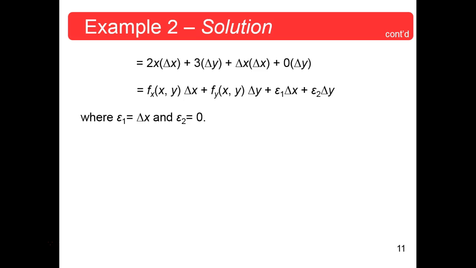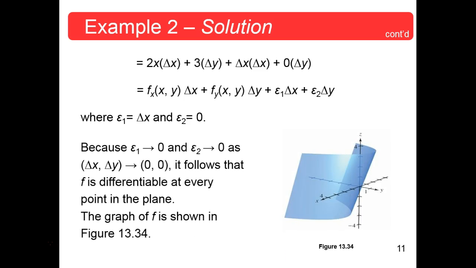Okay? For epsilon 1 delta x, epsilon 2 is 0. And here's the graph. Okay?